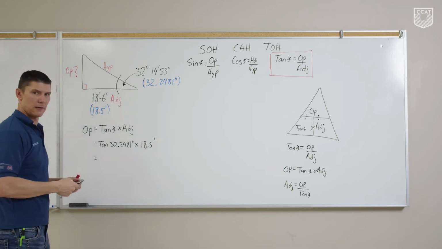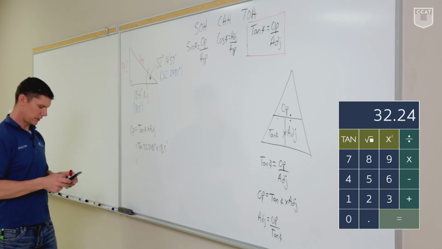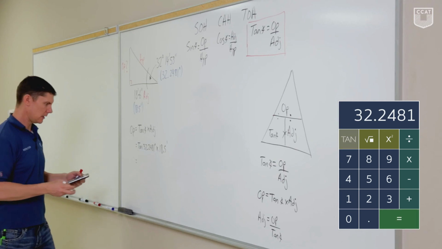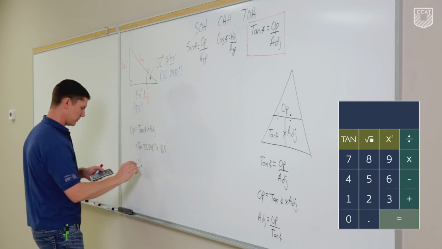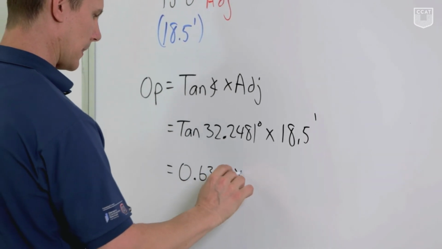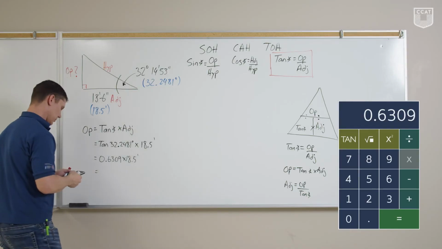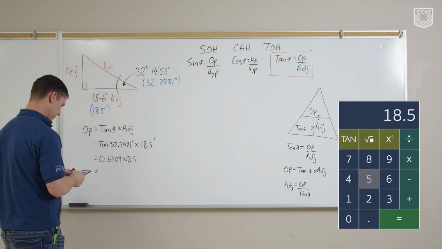Okay, we're going to use the tan function on our scientific calculator. So we'll go 32.2481 tan. The number we come up with is 0.6309 times 18.5 feet. So we're going to multiply that by the 18.5.